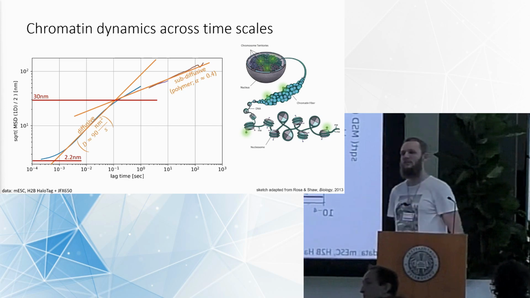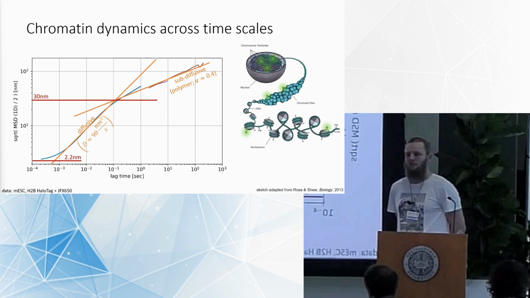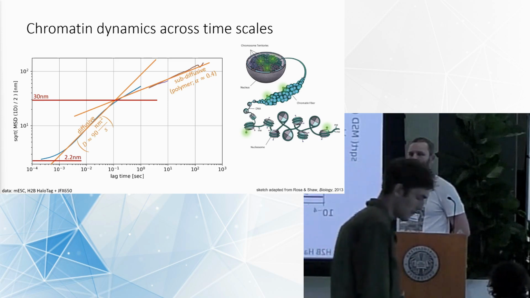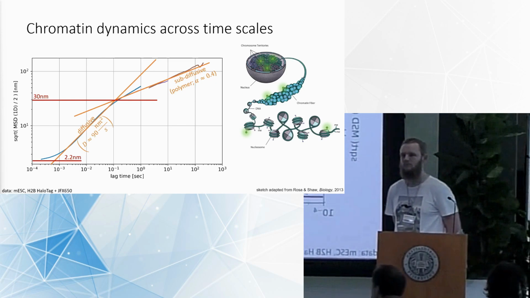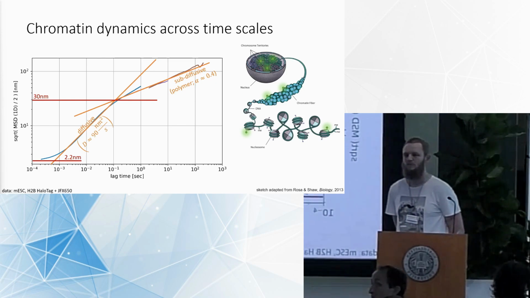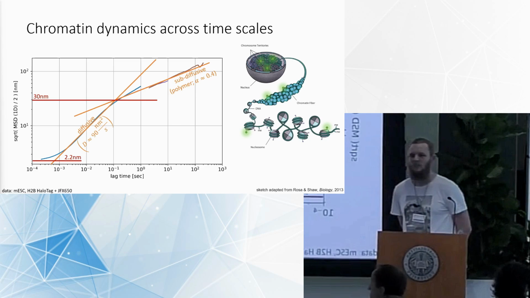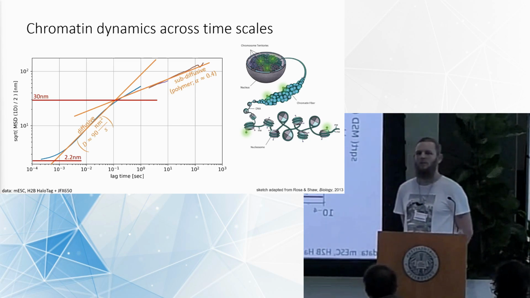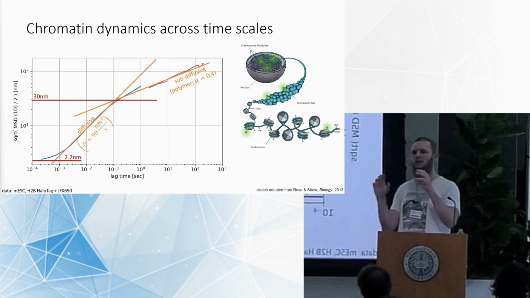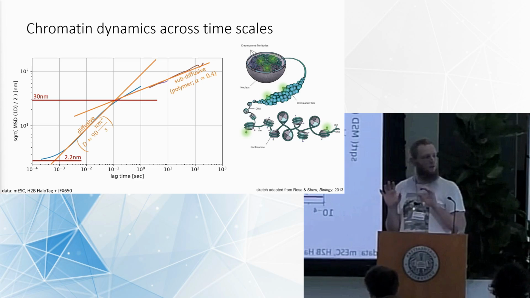Hello. Can one use, because you are probing distances which are comparable to the size of the nucleosome, can one measure the orientation of the fluorophore, for instance, by looking at polarization? I don't think so, for two different reasons.